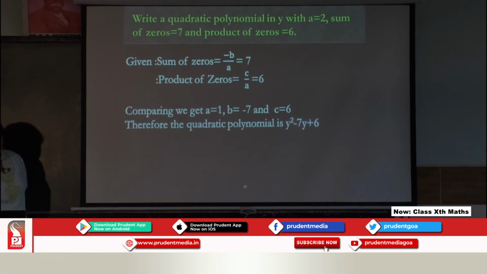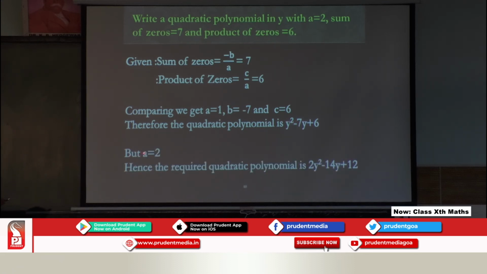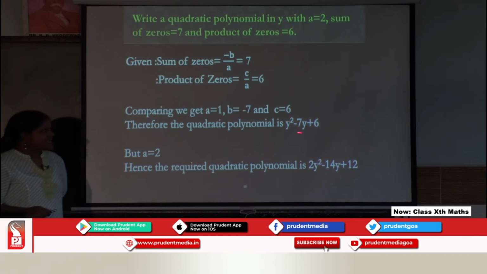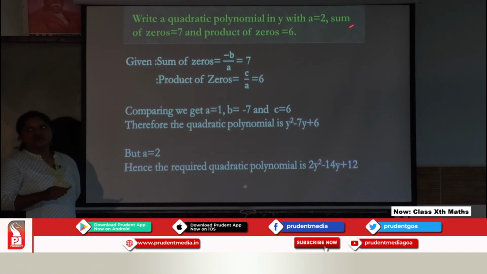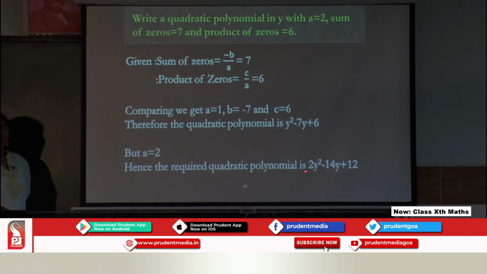So the next step: it is given here that a is 2, hence the required quadratic polynomial is, I have just multiplied this to satisfy this condition, that a is equal to 2. So 2y square minus, second is 7, so 2 into negative 7 is negative 14 and 2 into 6 is 12. This satisfies the condition with a equal to 2.